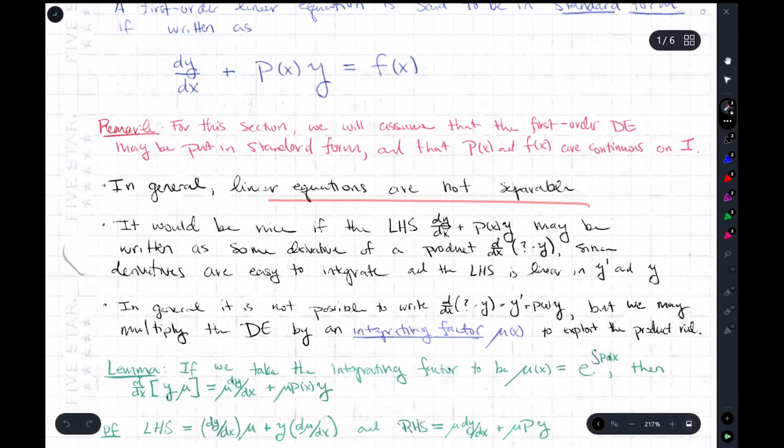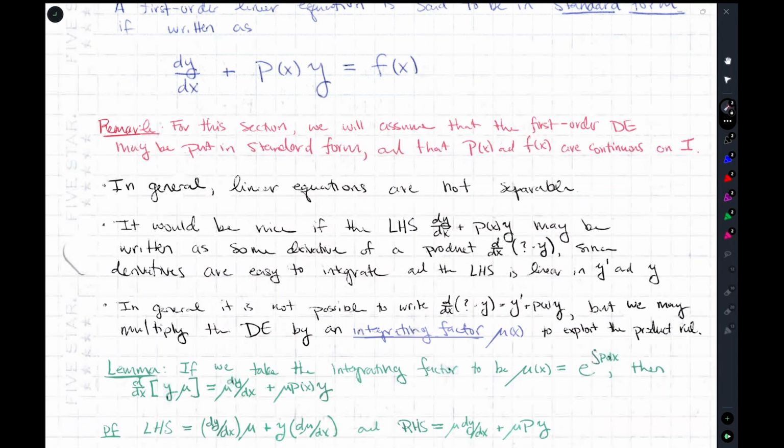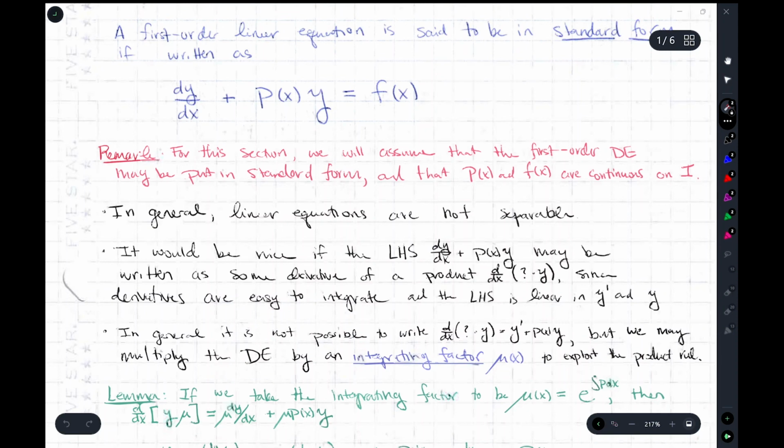In general, linear equations are not separable, so that's a different class. Notice on the left-hand side you have a derivative of y and you have y. This makes one think about the product rule.